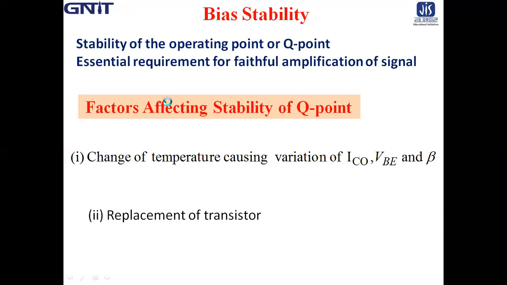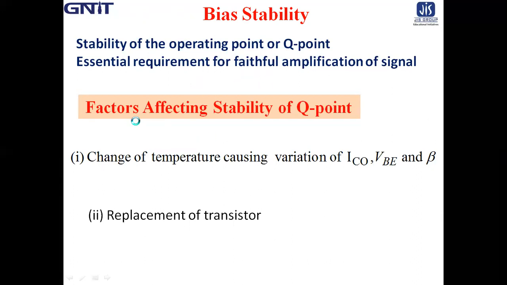If the Q point is unstable, it shifts either towards A or towards B, due to which the output signal gets distorted. Some portions may be in the cutoff region or some portions may be in the saturation region. So the stability of Q point is an essential requirement for faithful amplification of the signal.